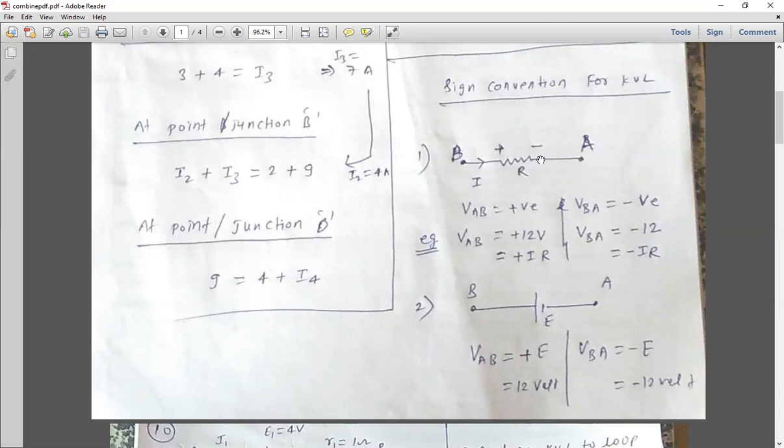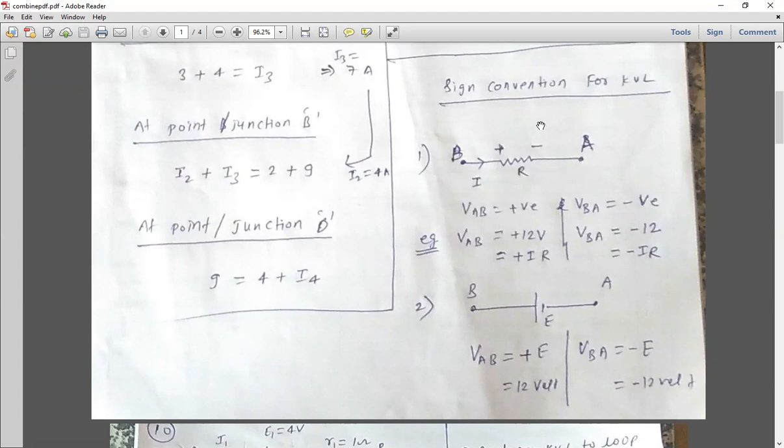If we trace a circuit, as we name the loop in our way, and the loop name goes from A to B, then we are moving from negative potential toward positive side, so the potential difference across this resistance will be positive.